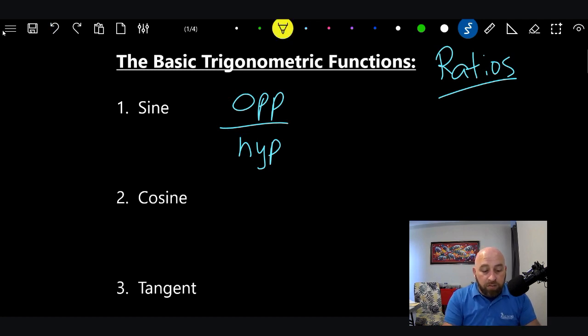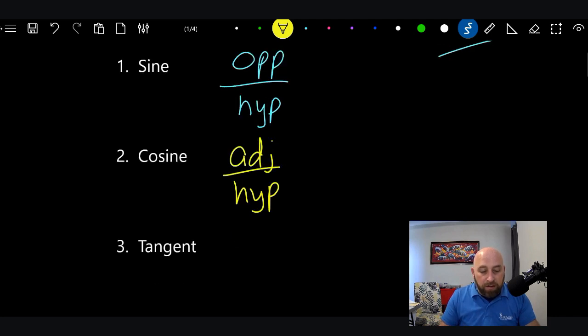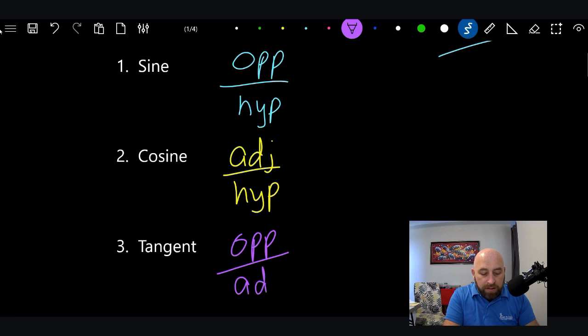All right, the cosine. What is the cosine? The cosine is the adjacent over the hypotenuse. The adjacent over the hypotenuse. And then the tangent is the opposite over the adjacent. Opposite over adjacent.